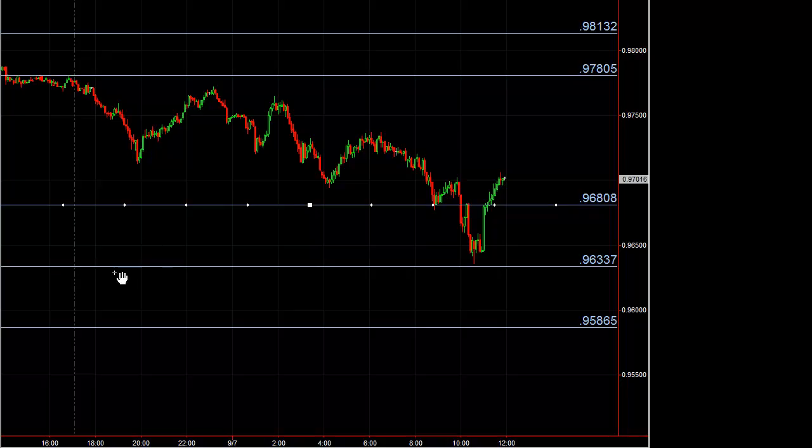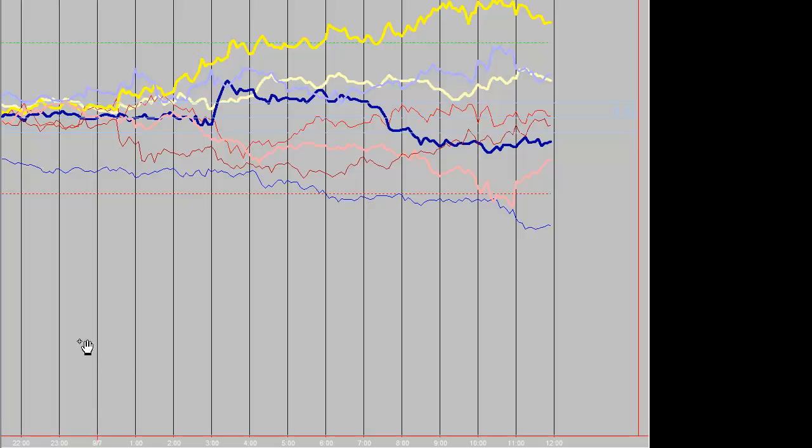I'll give my explanation on why we chose this pair, what's the reason behind the entry level, stop loss, and take profit level. When we looked at the currency meter at 11:30, we realized that the Canadian dollar was beginning to strengthen, and the CHF was beginning to weaken at that particular point in time.